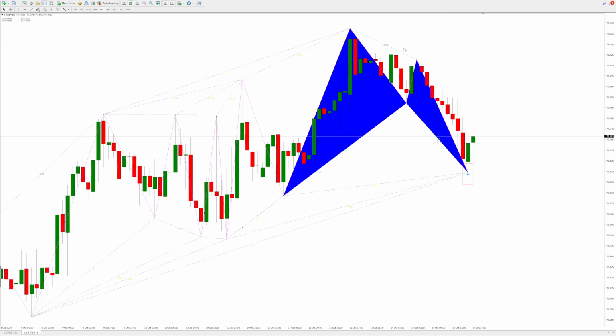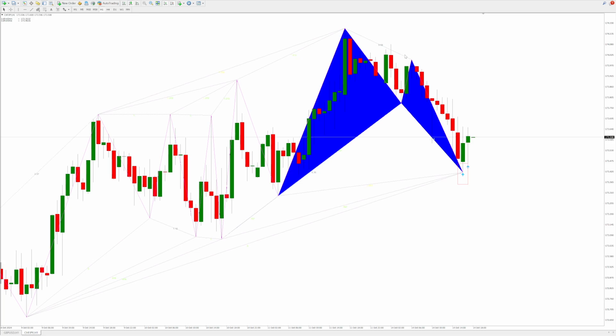And to be honest, I do find the Gartley pattern, whilst I like the fact that it does incorporate Fibonacci ratios, I just kind of feel like you need to be paying a bit more attention to candlestick formations. It does have levels of support and resistance, but sometimes I think it can be overwhelming.